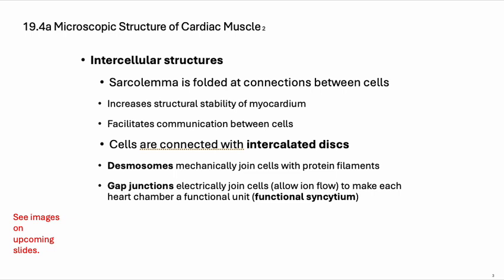There is a protein that spans the membrane of both adjacent cells, both cardiac muscle cells, but there's an opening in the middle, so they form this gap. And what it does is it allows the electrical impulse, as we'll see, which is just the flow of ions, just like we had with our action potential. It's essentially the same thing. Those ions are going to be able to move very quickly from one cell to the next, right?